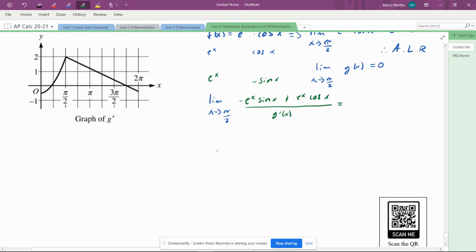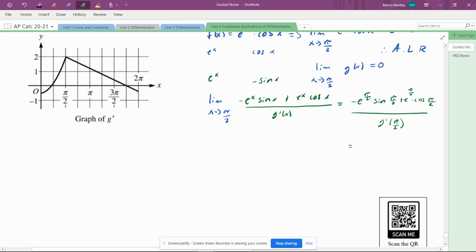So here we start plugging things in. We'll have to state the limit again. So here we're going to say that negative e to the pi over 2 times sine of pi over 2 plus e to the pi over 2 times cosine of pi over 2, all over g prime at pi over 2.